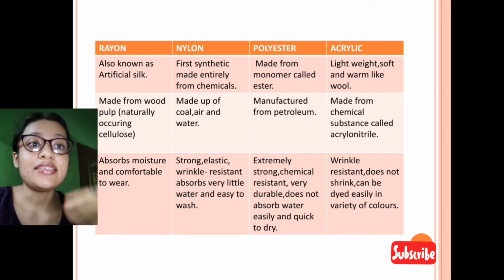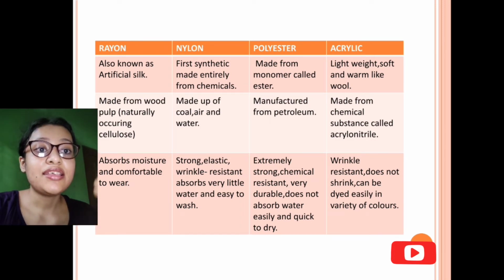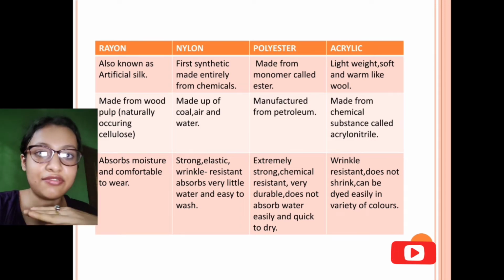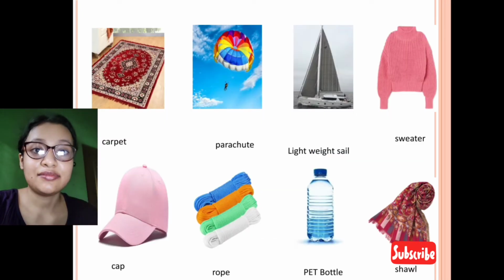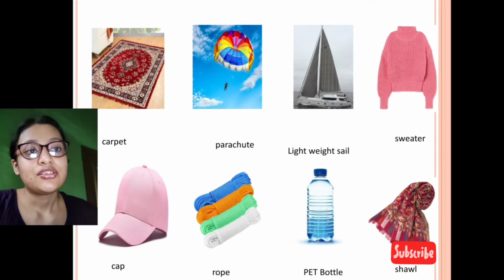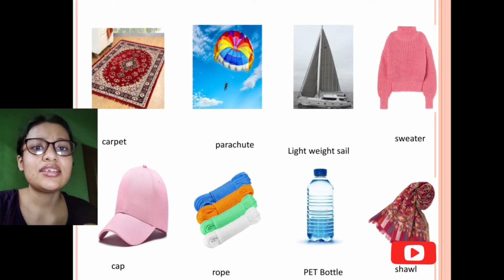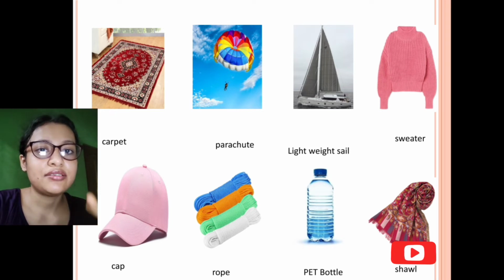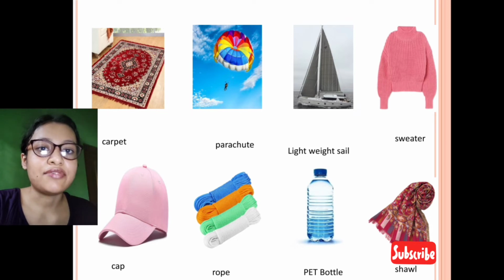Acrylic materials are wrinkle resistant, do not shrink, and can be dyed easily in a variety of colors. Acrylic materials are used to make sweaters and shawls. So these are the different types of synthetic fibers.